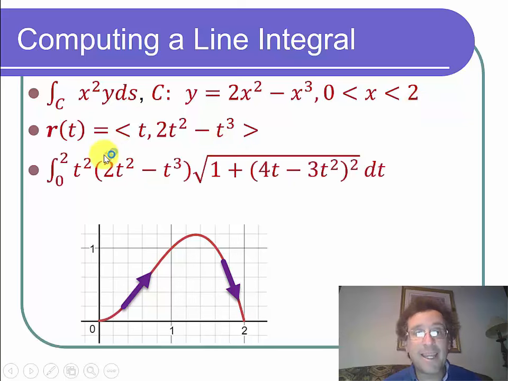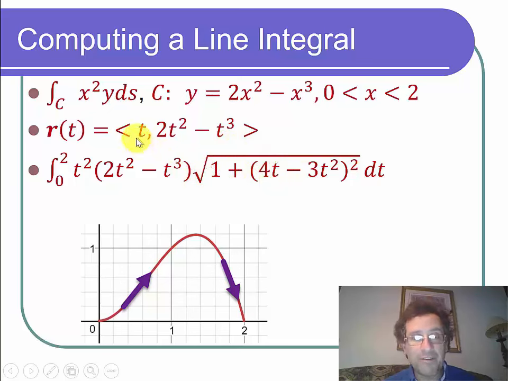So now I can start plugging in. So we have an integral from 0 to 2, because x goes from 0 to 2, or t goes from 0 to 2. We have an x squared, x is t, so x squared is t squared, times y is 2t squared minus t cubed, so we multiply by 2t squared minus t cubed, and then times the square root of the sum of the squares of r prime.